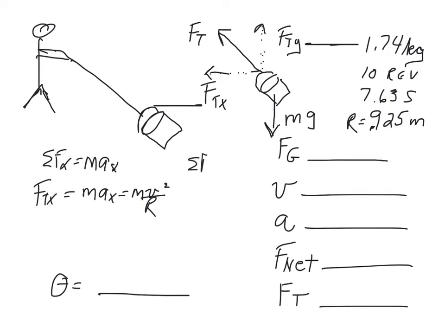And the sum of the forces y, because the bucket is staying in a horizontal circle, isn't accelerating, that equals 0. And so what does that mean? That means that Fty has to equal mg. And think about the physics, right?